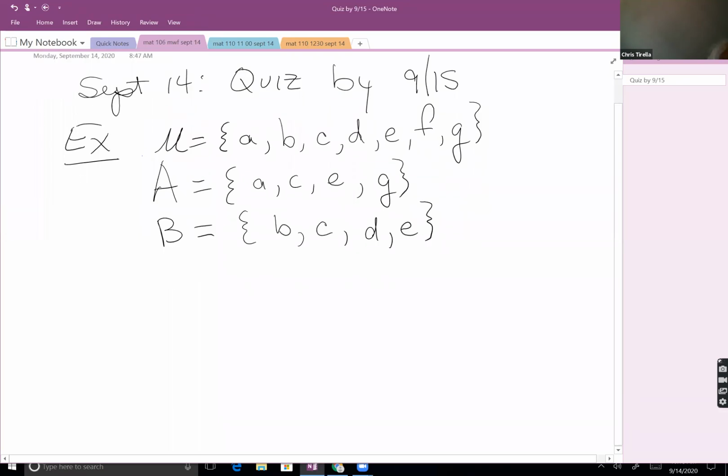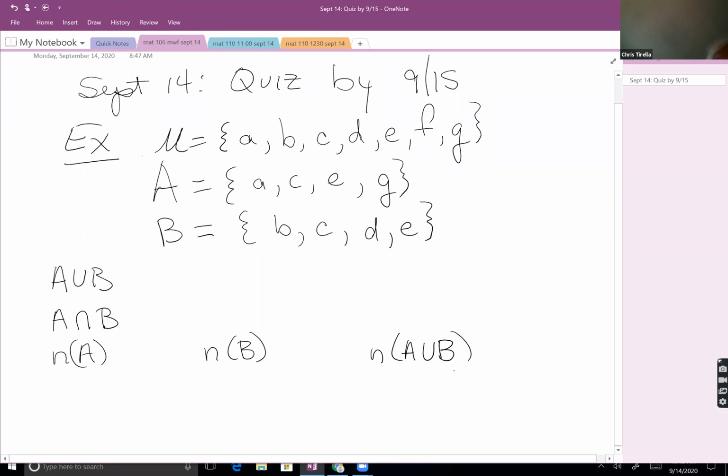And let's find A union B, A intersect B. Let's find the number of things in A. Let's find the number of things in B. Let's find the number of things in A union B. So first of all, when I look at A union B, taking the union is what?